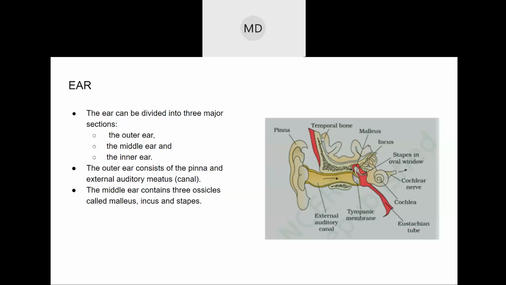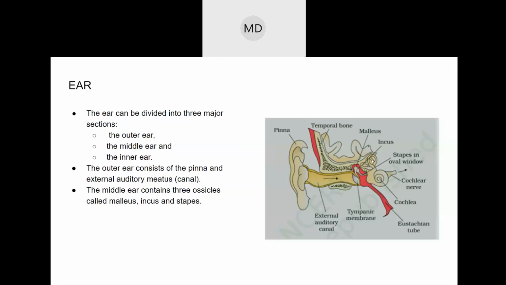This is the temporal bone, this is the cochlea, this is the cochlear nerve, this is the Eustachian canal, and the tympanic membrane. I suggest you draw this one at home, so that in the exam it will be easy. Any one diagram is a must. It will come.